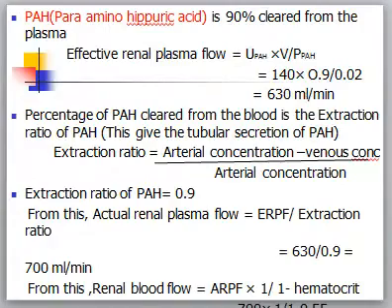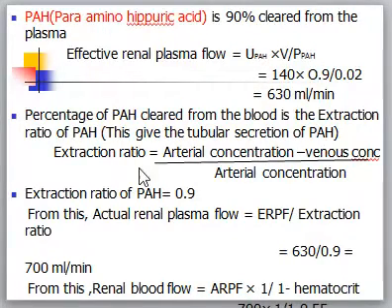And here para-aminohippuric acid is 90% cleared from the plasma. For effective renal plasma flow, we have to see the concentrations as well as the volume and the content of plasma. The percentage of para-aminohippuric acid cleared from the blood is the extraction ratio of the para-aminohippuric acid. This gives the tubular secretion of para-aminohippuric acid.